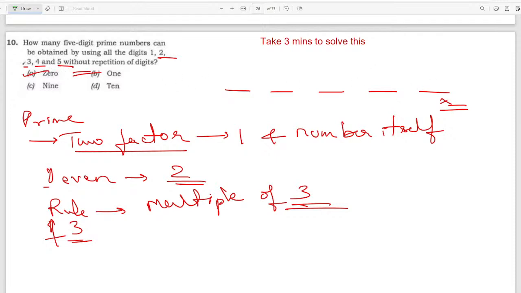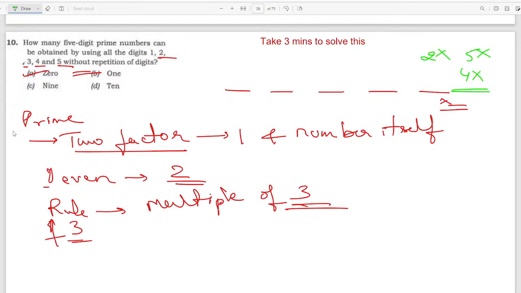If you want to form a prime number, the unit digit 2 cannot come, 4 cannot come, because if 2 is there, it becomes an even number greater than 2. There won't be any prime greater than 2 that is even, because that number will be divisible by 2.